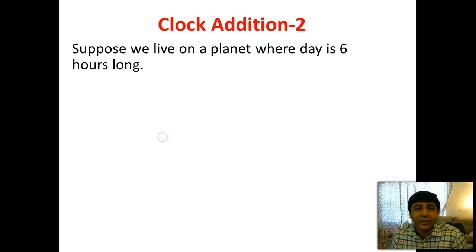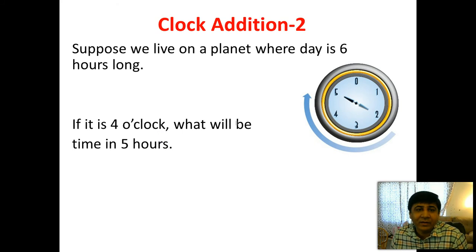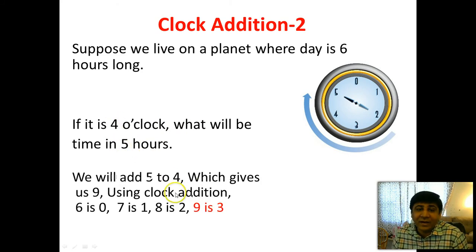Let's look at another one. Again, we are on the same planet. Say it's 4 o'clock right now. What will be the time in 5 hours? If you add 4 to 5, logically speaking, you will get 9. Now using clock addition, we know that 6 is 0, 7 will be 1, 8 will be 2, and 9 will be 3.